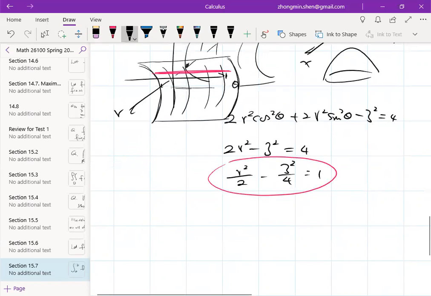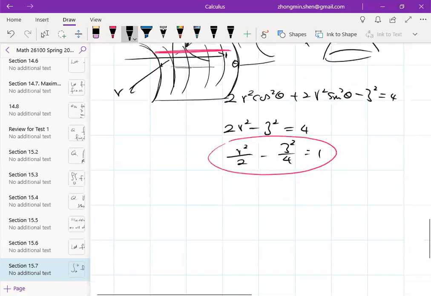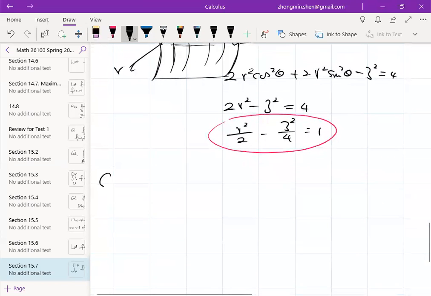All right, so next one, sketch the solid described by the given inequalities.